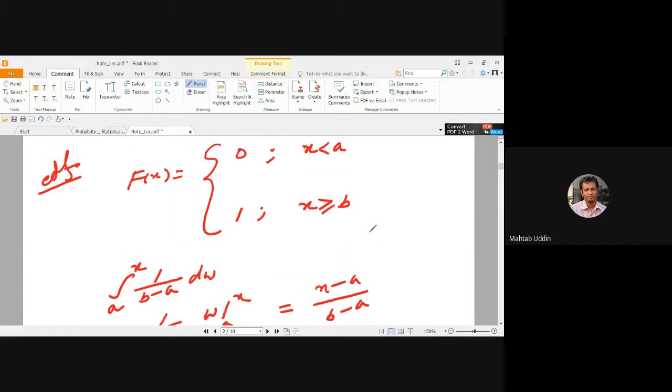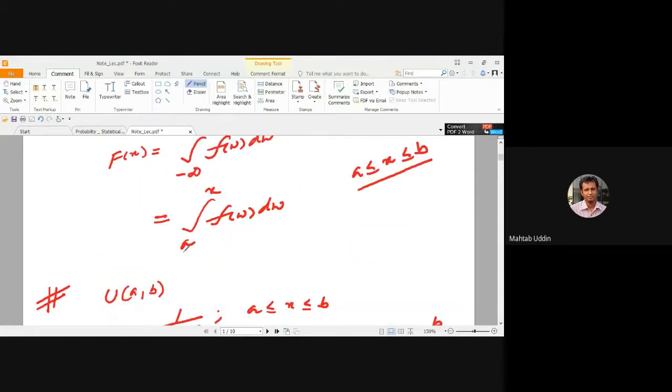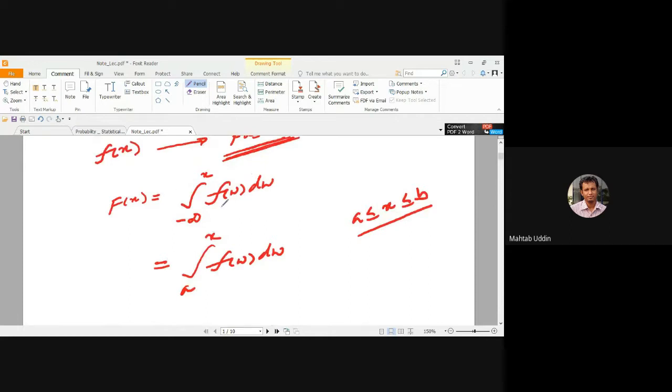So it will be x minus a divided by b minus a for a less than equal x less than b. Do you understand? This is how we can find the CDF. That is, before entering the given interval 0, after completing the given interval 1, and in between the interval we have to find using the formula I have said here. Do you understand?